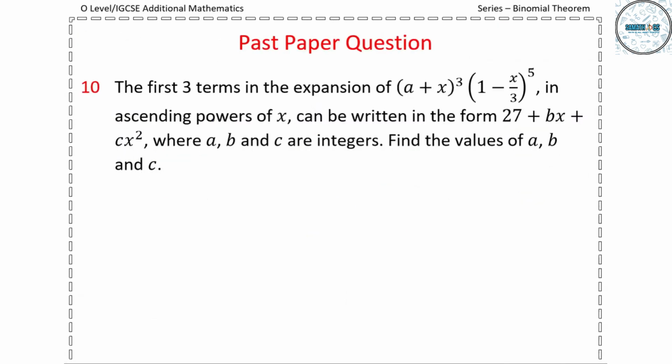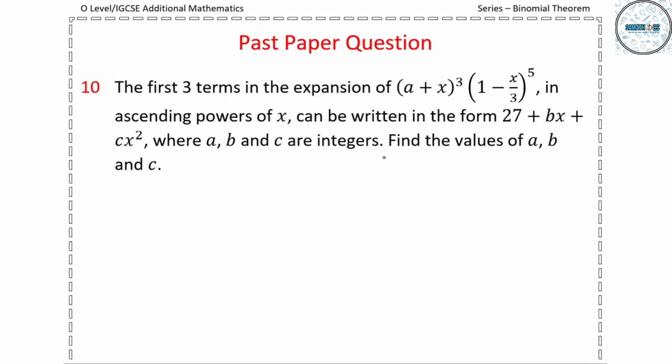Let's do a past paper question in which the first three terms in the expansion of (a + x)^3 multiplied by (1 − x/3)^5, in ascending powers of x, can be written in the form 27 + bx + cx², where a, b, and c are integers.